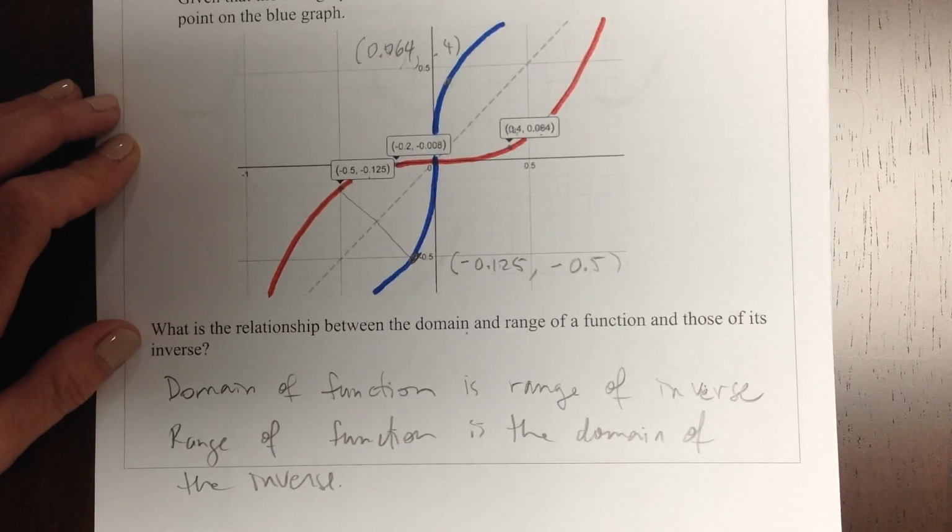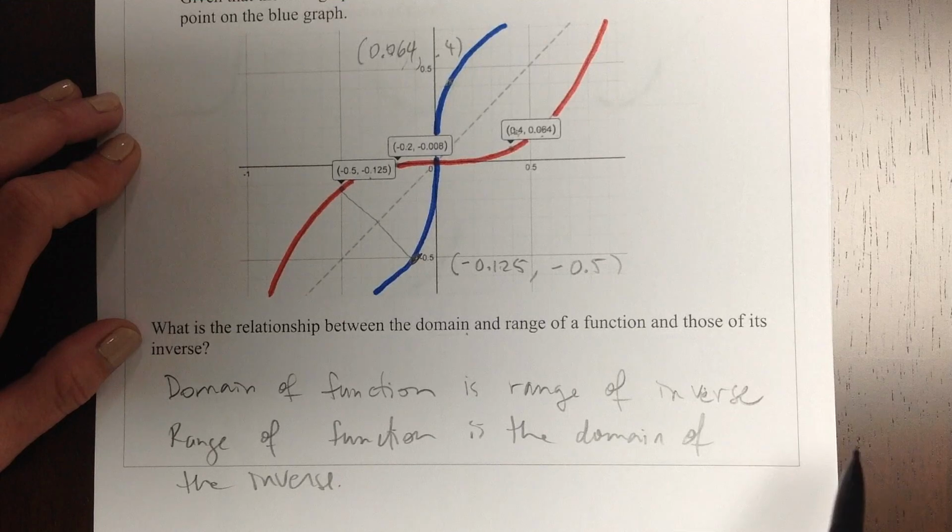Okay, so the domain of the function is the range of the inverse, and the range of a function is the domain of the inverse.